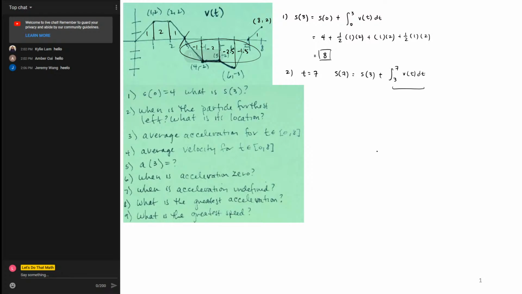This tells us the change in position from time equals 3 to time equals 7. s of 3 is going to be 8, like we said. And then here, this area is going to be -1, -2, -2.5, -1.5. This here makes -4, so that's -7. That's going to be a position of 1.